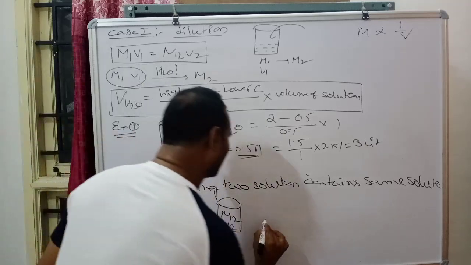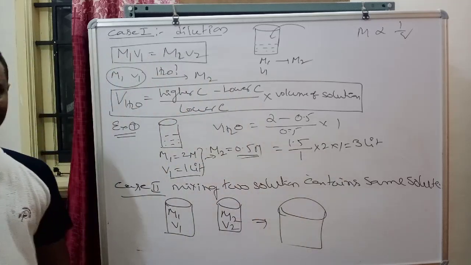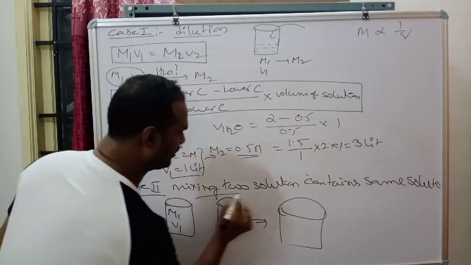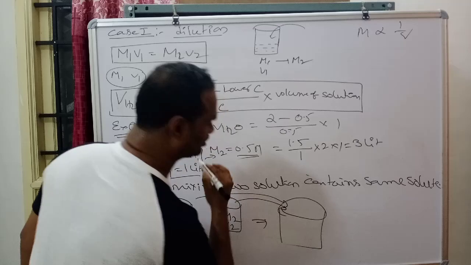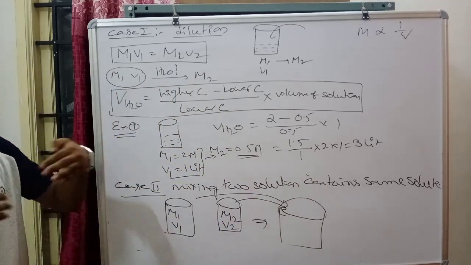These two we are going to mix in another big container. This total solution I put in here, into the third big container. After mixing, what do we have to calculate?